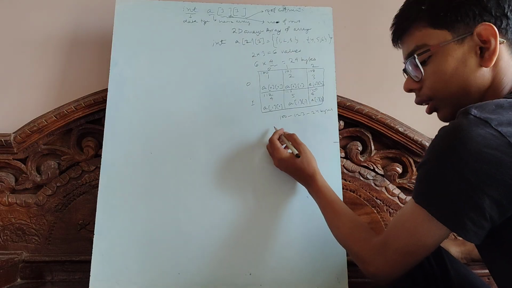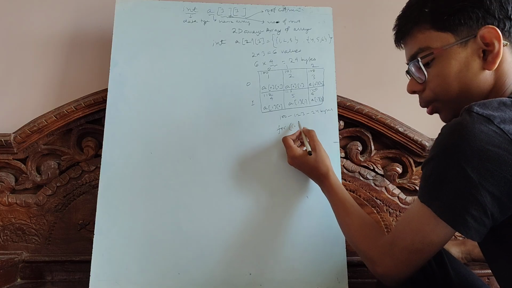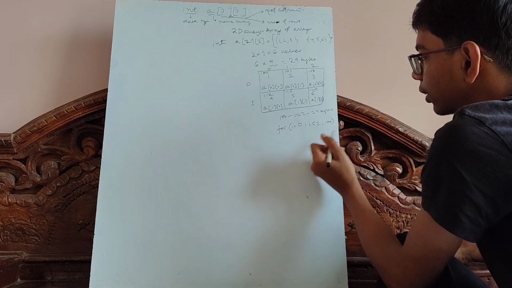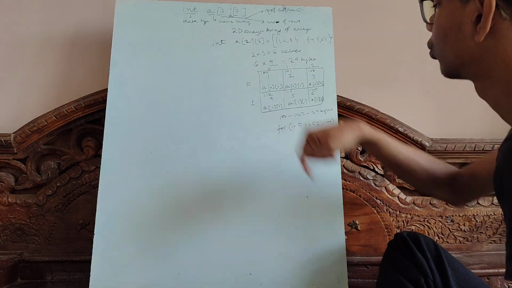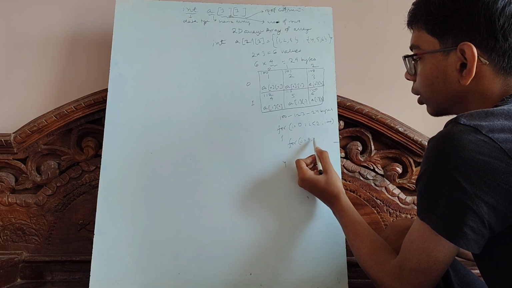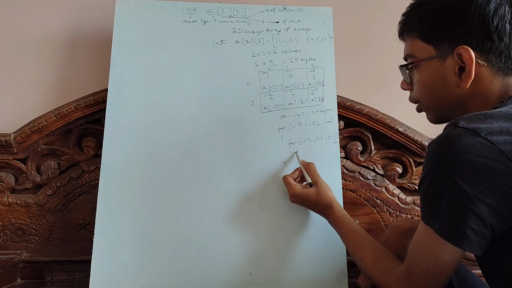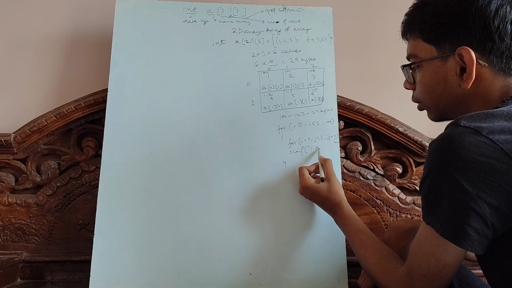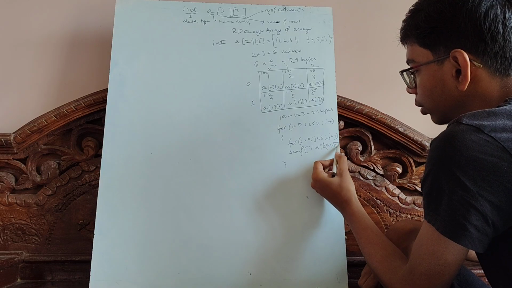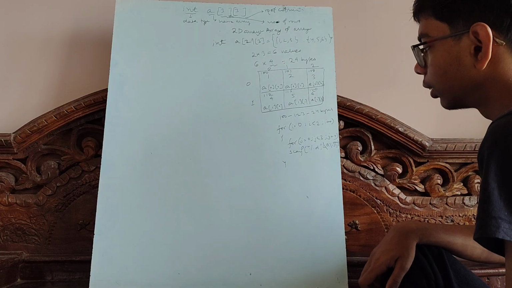So I will simply write a for loop starting from i equal to 0, i less than 2, i plus plus, i less than 2 because of the number of rows, and then in that for loop I will start from j equal to 0, j less than 3, j plus plus, and then scanf percentage d, ampersand a of i, j. This is how I will take elements of the array.